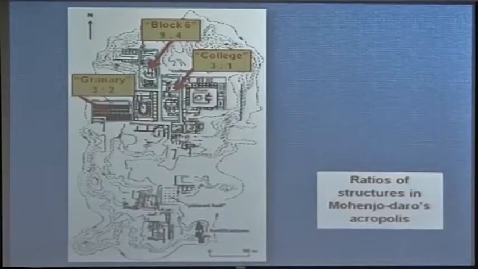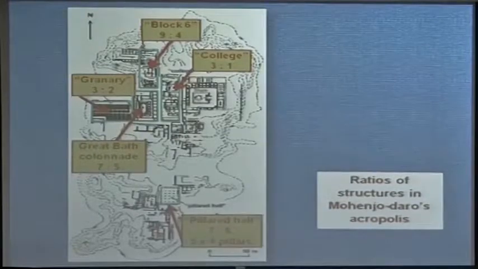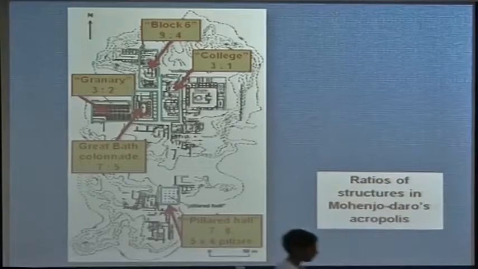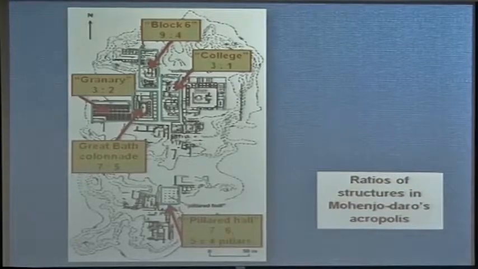Every one of those major structures, whether it is the famous Great Bath, I'm not showing you all the structures photographically in detail because it would take us too far. There's a huge complex of rooms which measures 23 meters by 69, so that is exactly a proportion of 3:1. The so-called granary, there are some doubts nowadays whether it was actually a granary, has proportions of exactly 3:2.